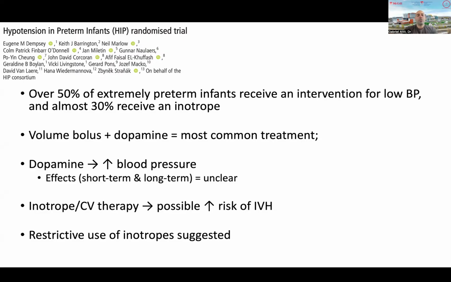And so we know that dopamine will increase blood pressure, but we have no idea if this will affect short or long-term outcomes. And actually, some of these medications may impact the perfusion at the level of the brain, or even cause vasoconstriction at the brain, or even create a status of hyperperfusion, which can lead to more risk of IVH.